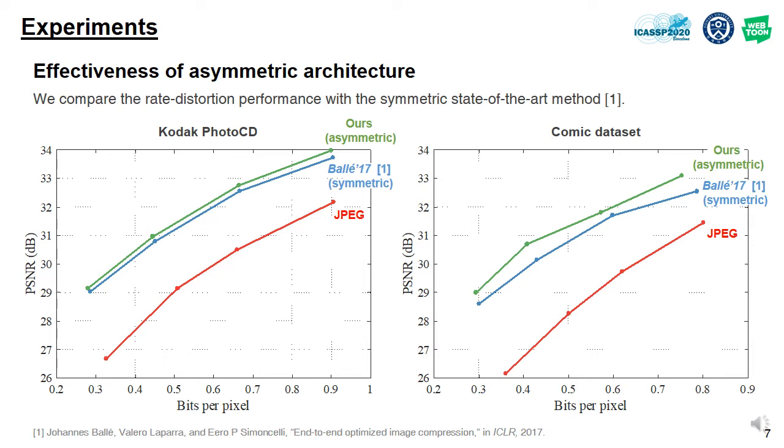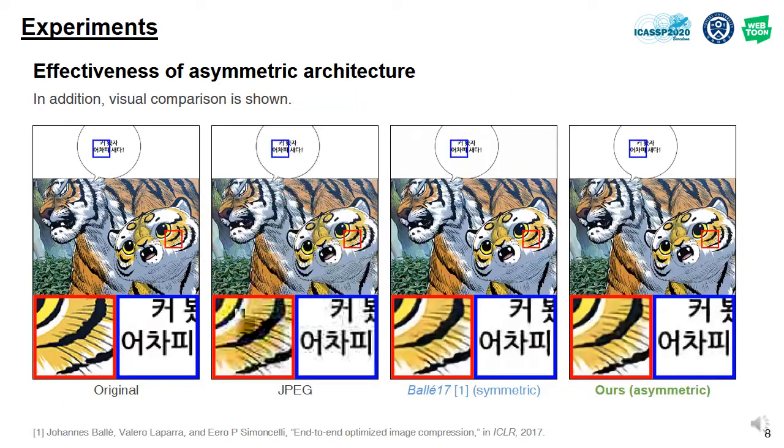Here, our asymmetric method achieves the best performance, and the improvement is more noticeable in the comic dataset. In addition, this slide shows the visual comparison of the decoded images. While JPEG compression generates noticeable artifacts, both the existing and our method reconstruct the original image more clearly.